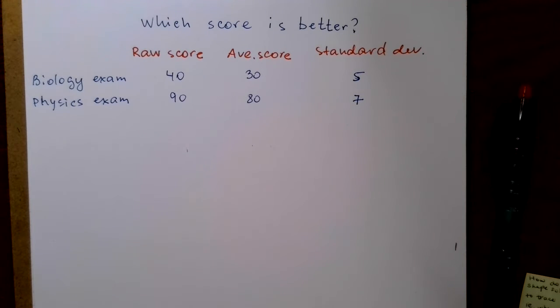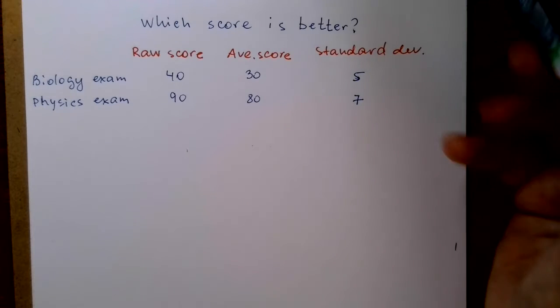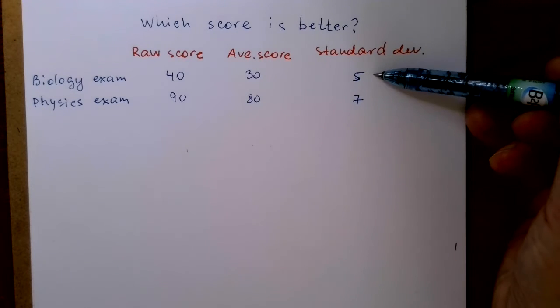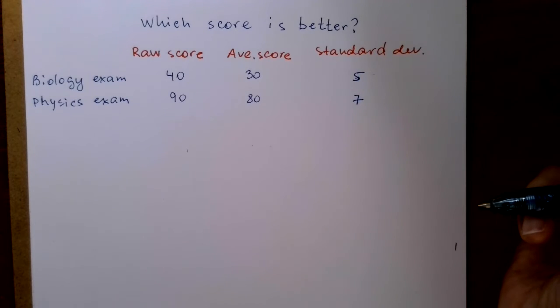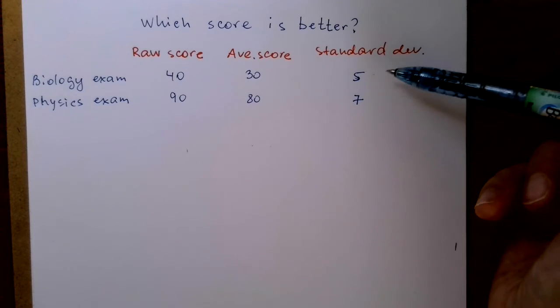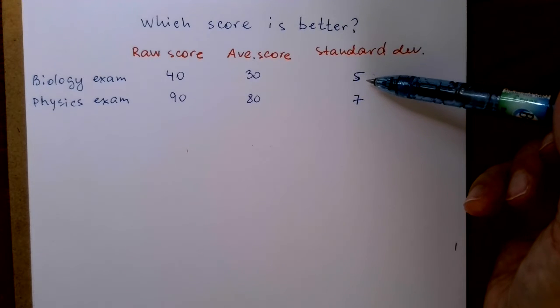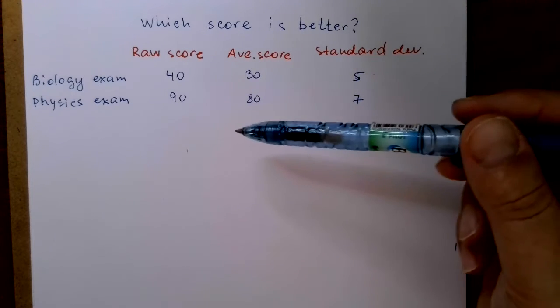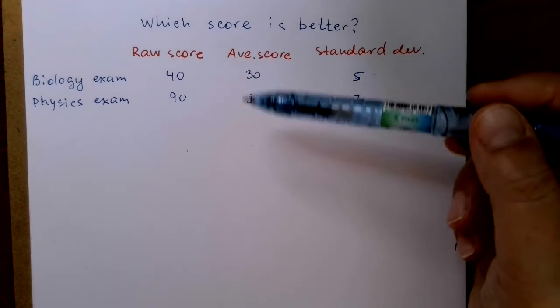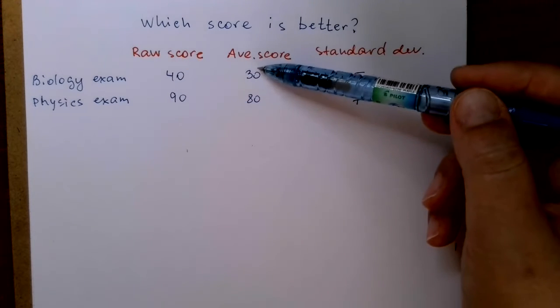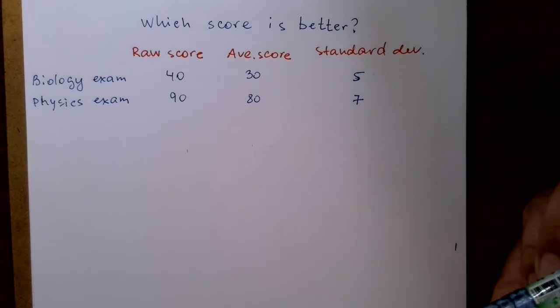Okay, so now the question is, I give you a standard deviation. For the biology exam, it was 5. For the physics exam, it was 7. All right, that's good. So we need to figure out how many standard deviations your score is above the average score. How do we figure that out?